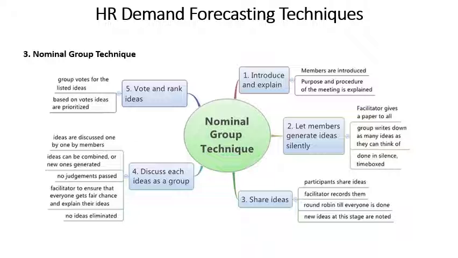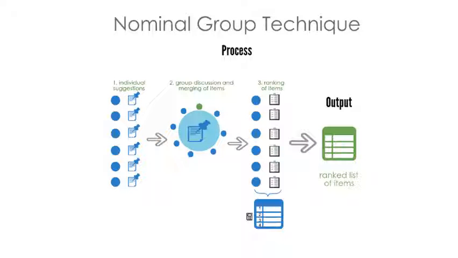So here we have completed the three forecasting techniques, that is, the qualitative approach techniques. There is one diagram from which your idea about the nominal group technique will be clearer. Whatever we have seen in the steps of the nominal group technique, here you can see diagrammatically what will happen.